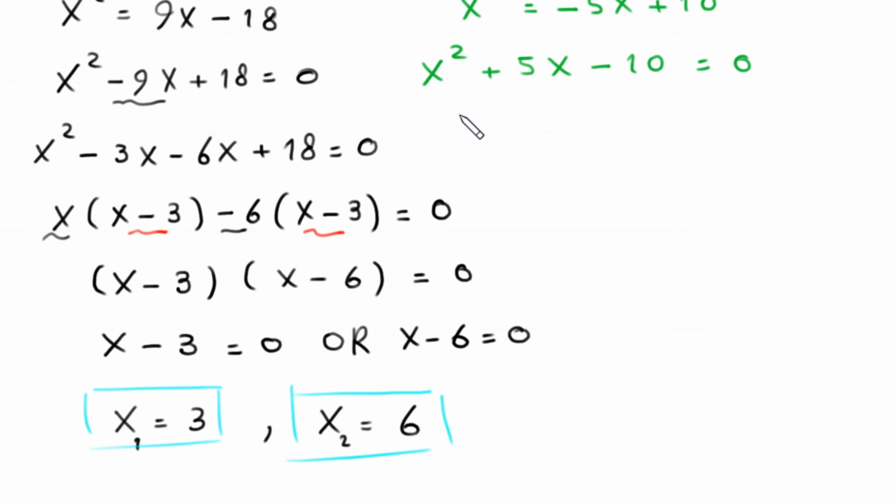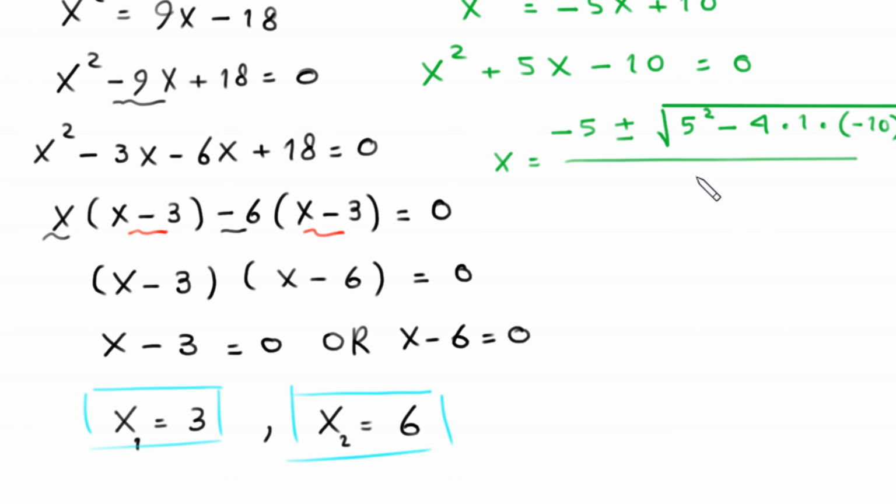Now this is a quadratic equation and is not factorable, so we solve it by quadratic formula. According to quadratic formula, x is equal to negative b, which is 5, plus or minus square root of, in place of b squared we write 5 squared minus 4 times a which is 1 times c which is negative 10, divided by 2 times a which is 1.